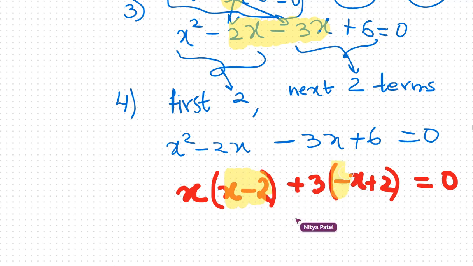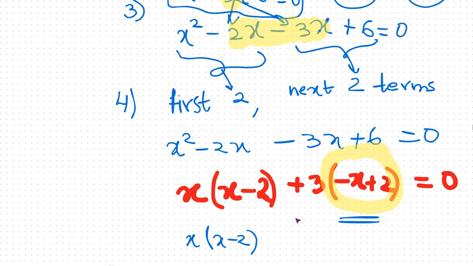But here you are seeing the opposite sign, negative x plus 2. So what we need to do further is, you have to take the negative sign also. Take it out. Yeah, negative 1.